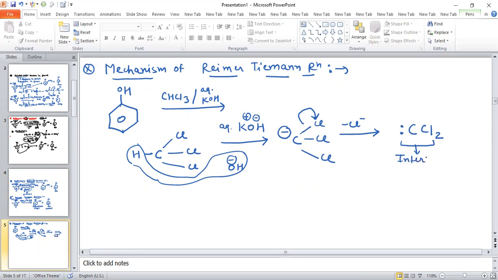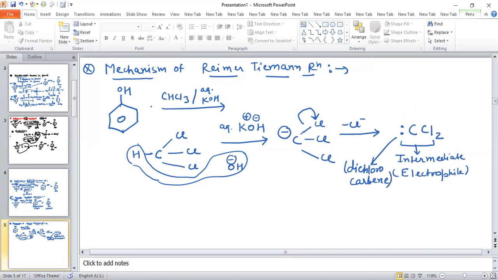This is basically the intermediate, and this intermediate is basically the electrophile. The name of this electrophile is dichlorocarbene.